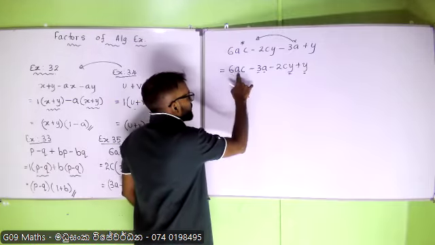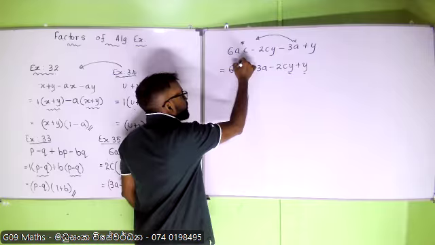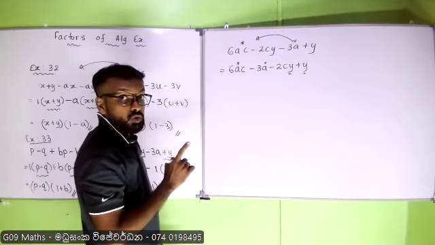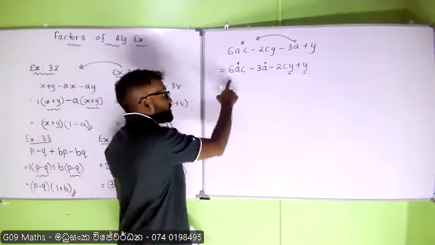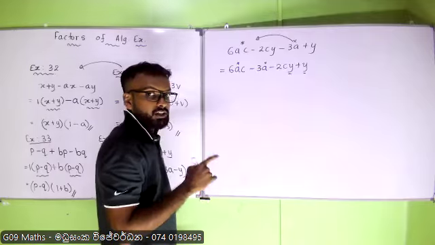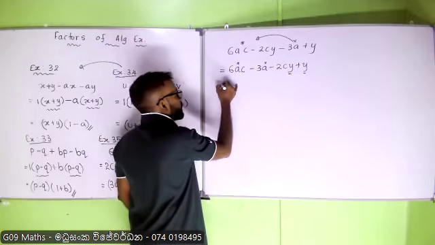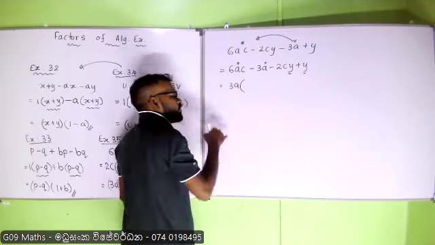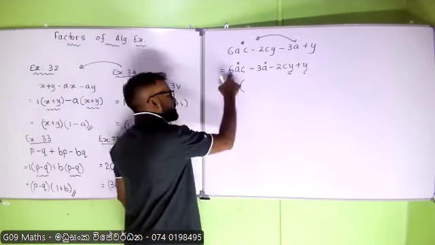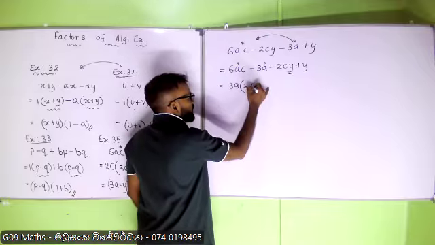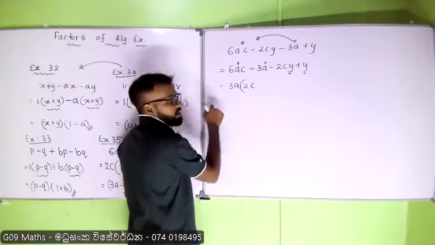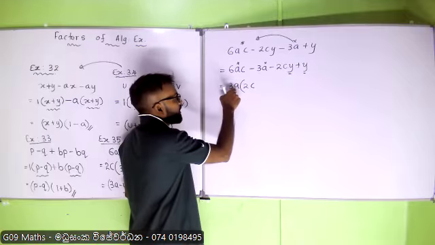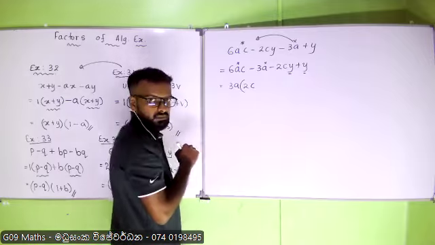So definitely you are going to take the common term a out from the first two terms. And as a common factor for 6 and 3, the common factor is 3. You are going to take 3 out from the bracket. And also a. If you take 3a out from the bracket, here you will have 2c, right? 3 times 2, 6. That means 6 divided by 3, 2. If you take out a, the remaining term is c.